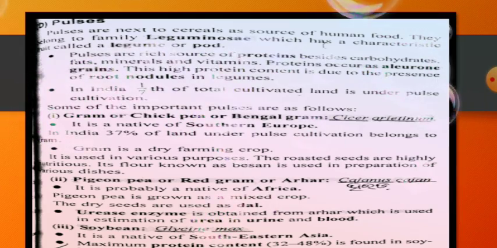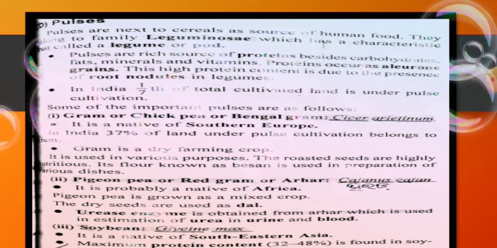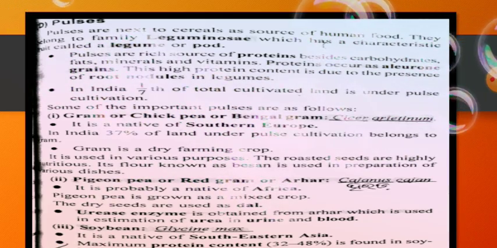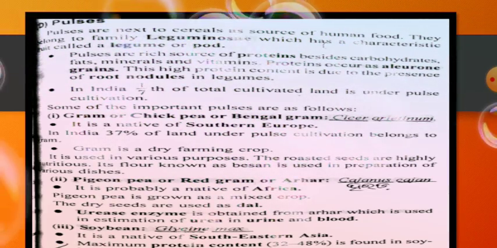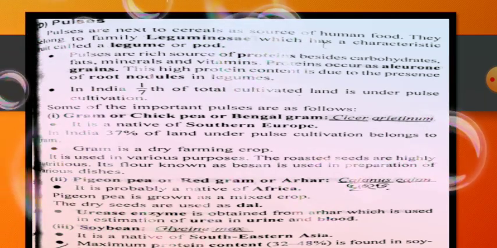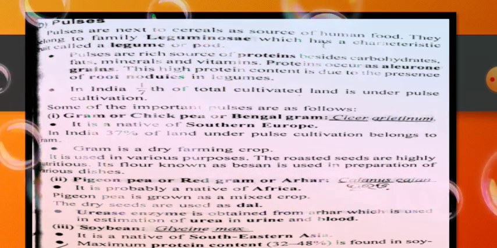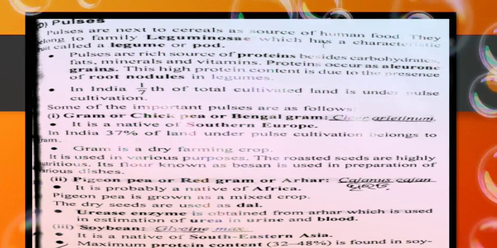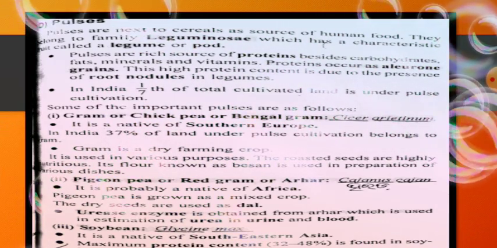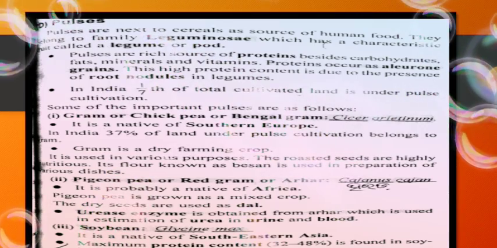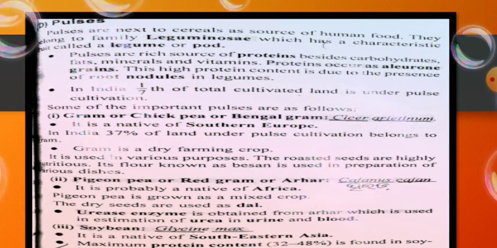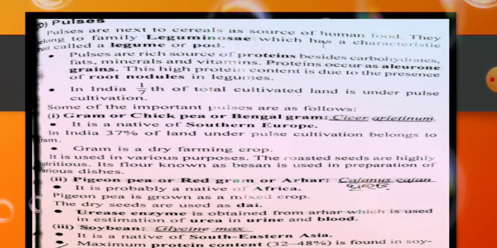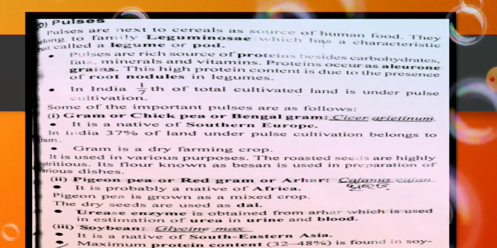Some of the different important pulses are, for example, gram. Have you heard the term gram? You normally use it on a daily basis, as a source of food in our daily life, that is the gram or chickpea or Bengal gram, and its botanical name is Cicer arietinum.